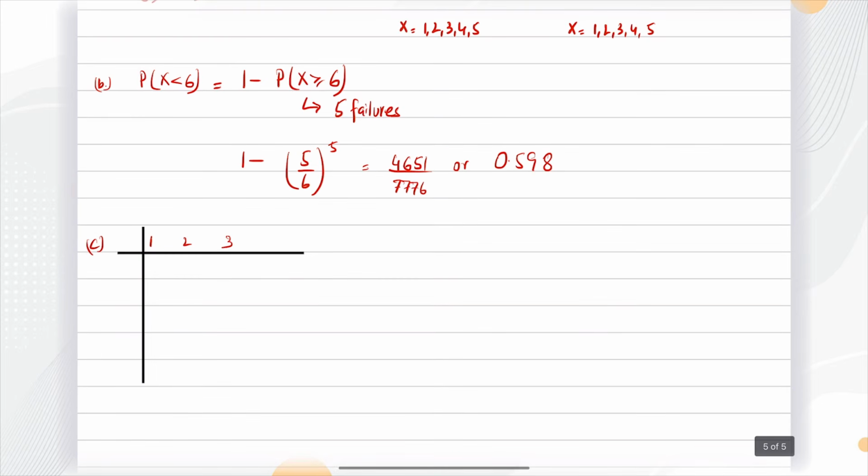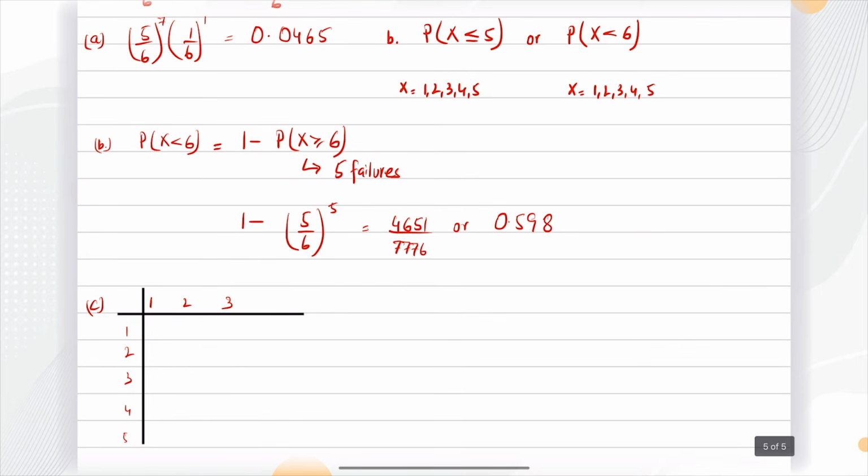So 1, 2, 3. Again, no need to fill up all the values, since we're only interested in less than 4. So this would give us less than 4, this would give us less than 4, this would give us less than 4, and that's it. Everything else would give you 4 or more. So what is the probability of success, which is getting a score less than 4? 3 upon 36, which is equal to 1 upon 12.